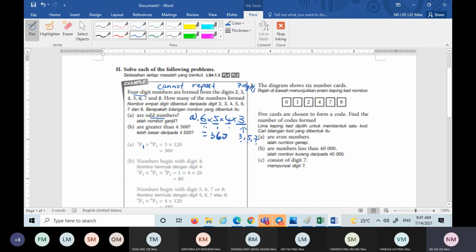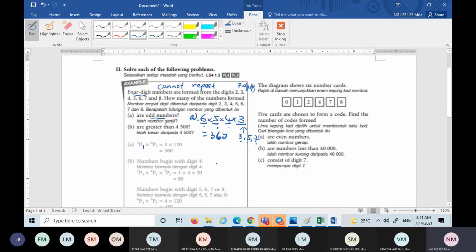Then after you choose 1 already, the balance is 6 digits. Out of the 6 digits you choose 3, therefore it's 6P3. This is how they get 3P1 times 6P3. But if you cannot do this, then you can do this way. Okay, now we go to B. They want the number greater than 4,500.